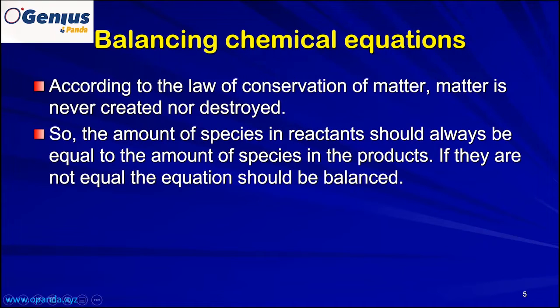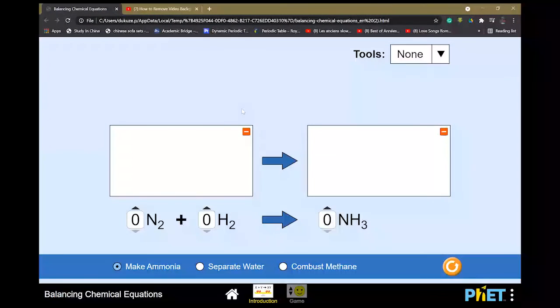chemical equations. Here we have the default appearance of our simulation. The simulation is called balancing chemical equations, and this is the default appearance. When you open the simulation, the first thing you see is this one.